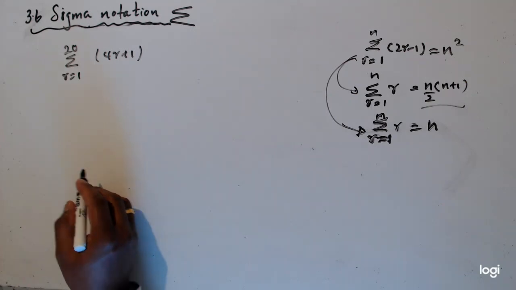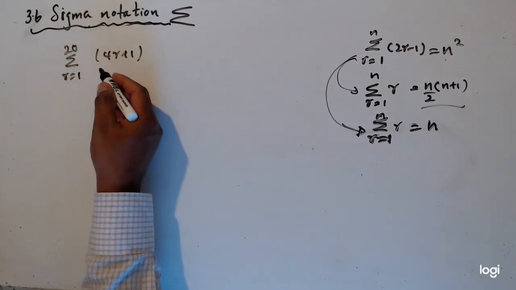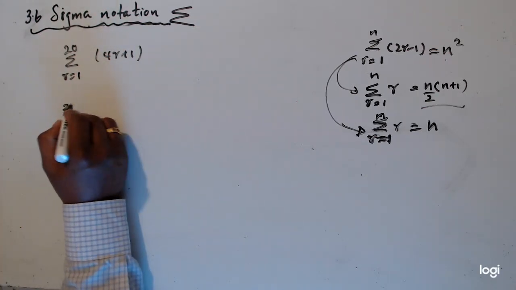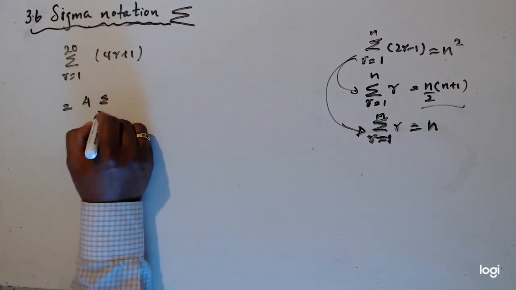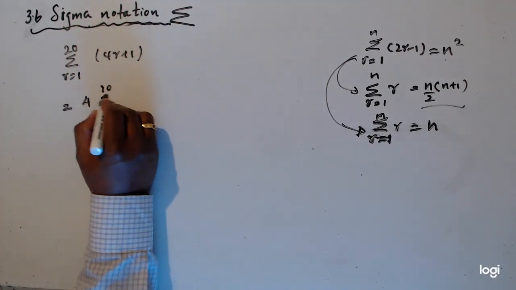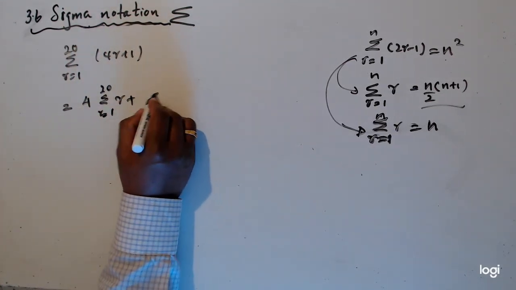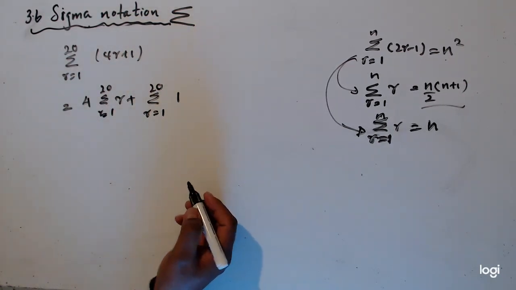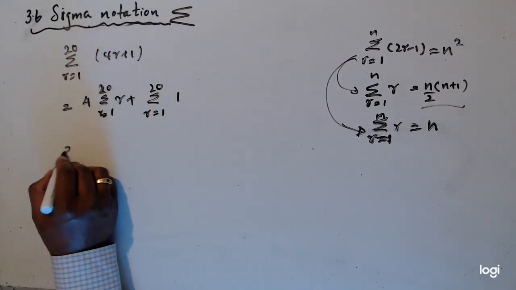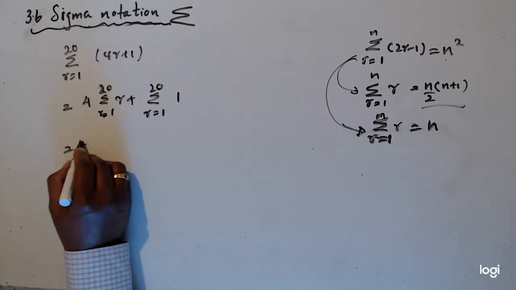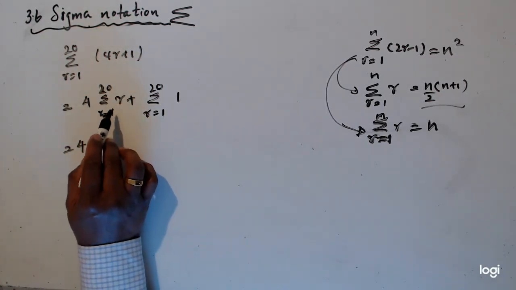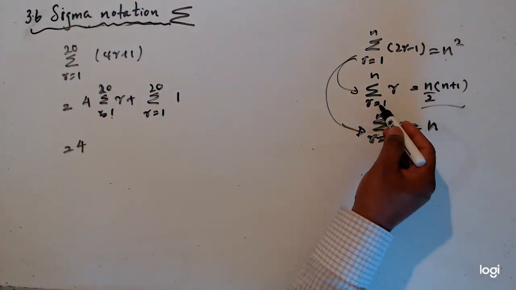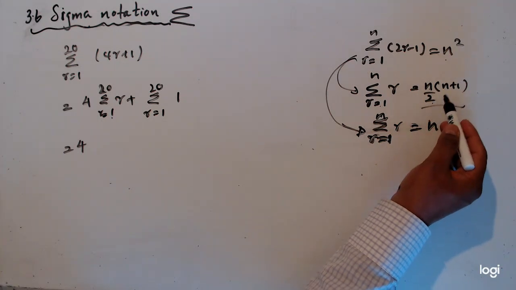For an example, we'll work out this one: summation r equal 1 to 20 of 4r plus 1. So I can simply write 4 times summation r equal 1 to 20 of r plus summation r equal 1 to 20 of 1. So 4 times summation of r from 1 to n is n divided by 2 times n plus 1.